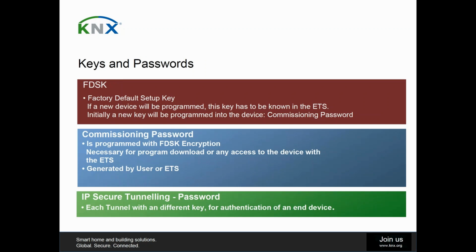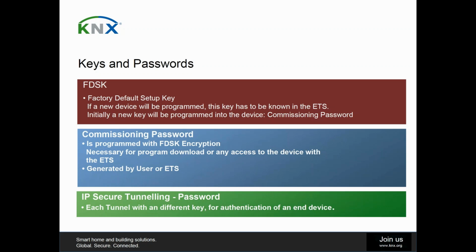Just to make it short, we have keys and passwords, and you might have heard of, and I already used, FDSK, which is the factory default setup key. So this key is put into the device by the manufacturer during the manufacturing process. So if a new device is to be programmed, this key is in the device, and if you want to program the device securely, you have to know this key.